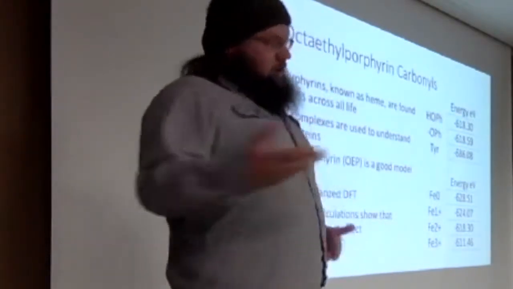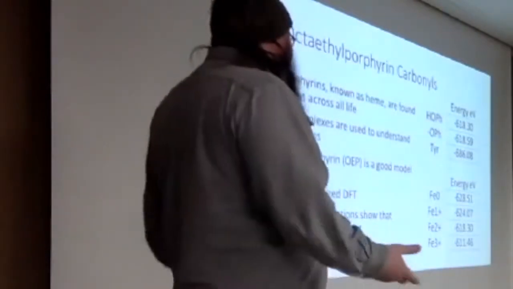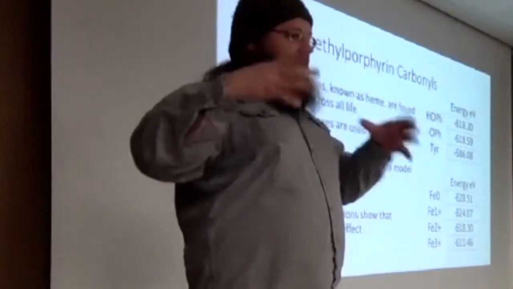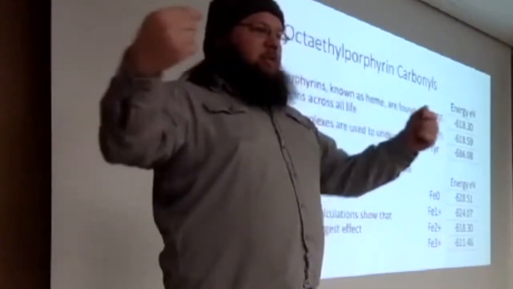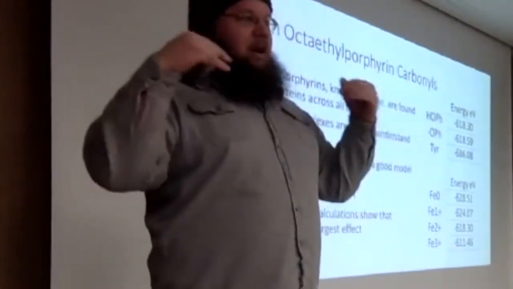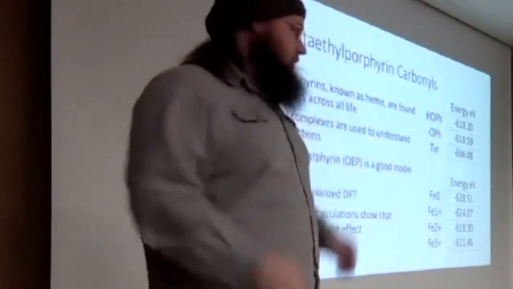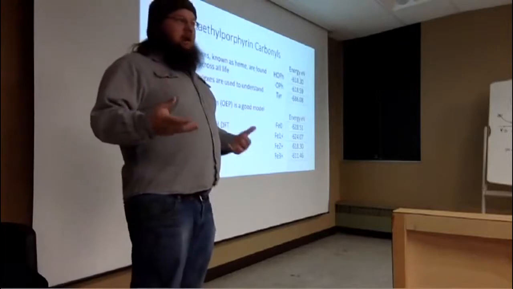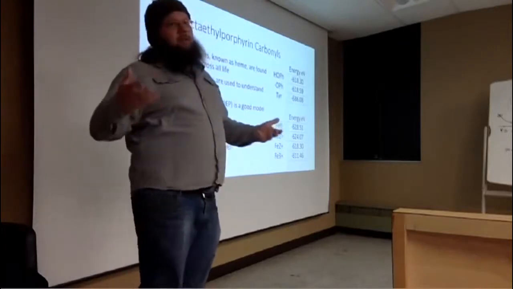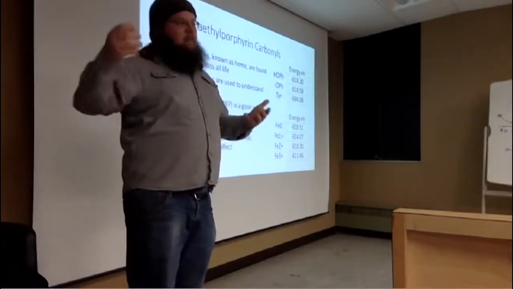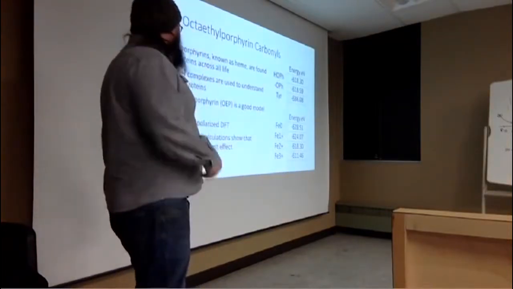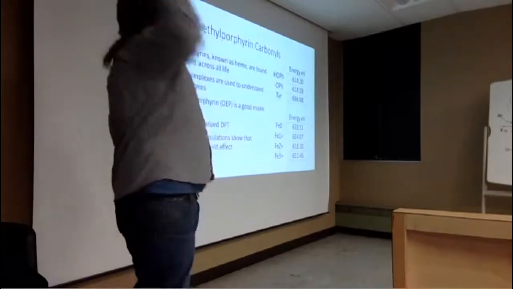One of these that is used quite ubiquitously is octaethylporphyrin, which is a tetrapyrrole ring with ethyl groups occupying all of the pyrrole positions. And it's a pretty good model for heme because the electronics are very similar to heme B, which is the typical heme that is found in these proteins.